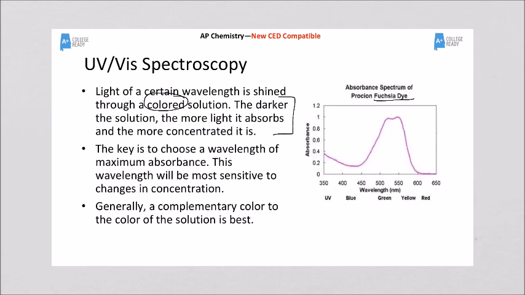So if we have a fuchsia dye, we want a wavelength of light that absorbs really well. Then if we barely change the concentration of the solution, the absorbance will also change. So notice here is where this fuchsia dye absorbed well, and the wavelength that represents that peak typically will be a complementary color.